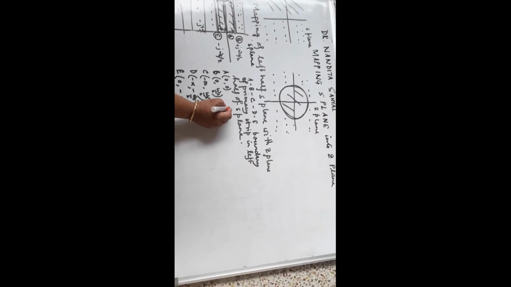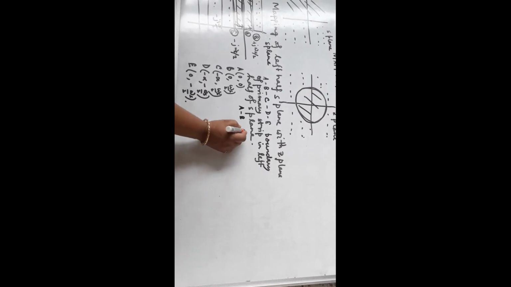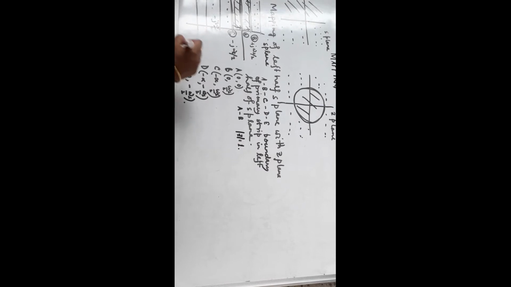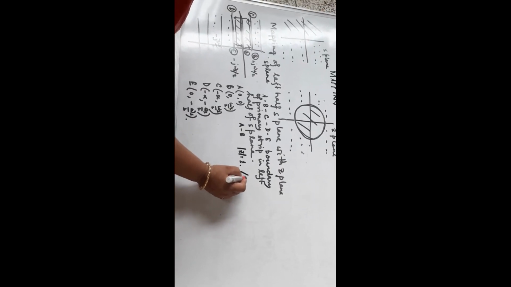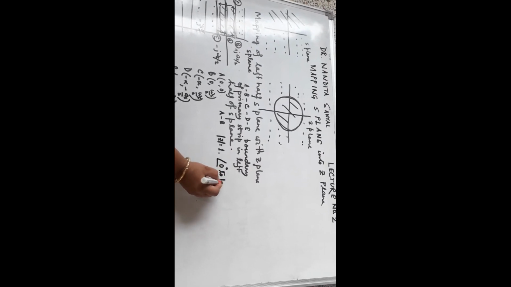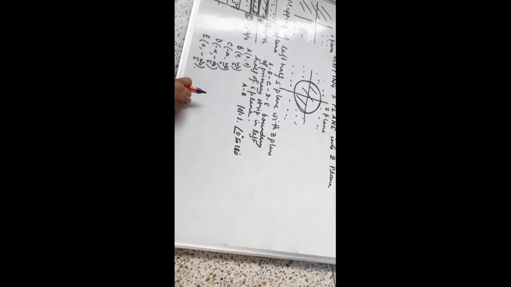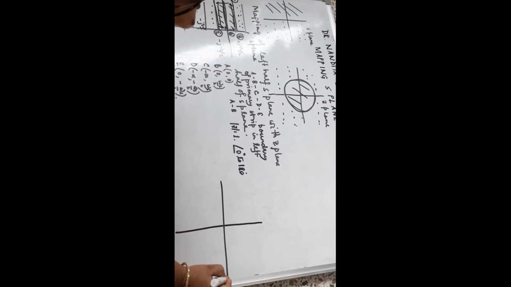So, if we traverse from A to B, the magnitude of Z is equal to 1 and the angle varies from 0 degree to 180 degree. Let us plot it in the Z plane.